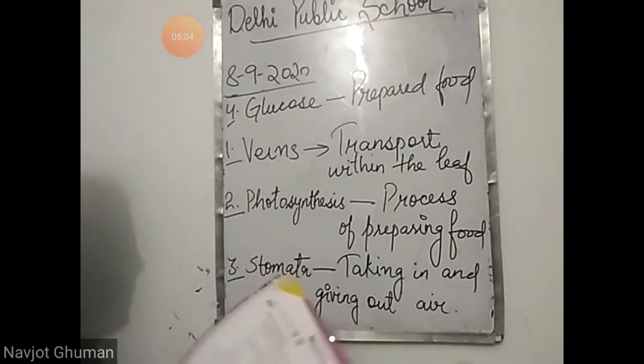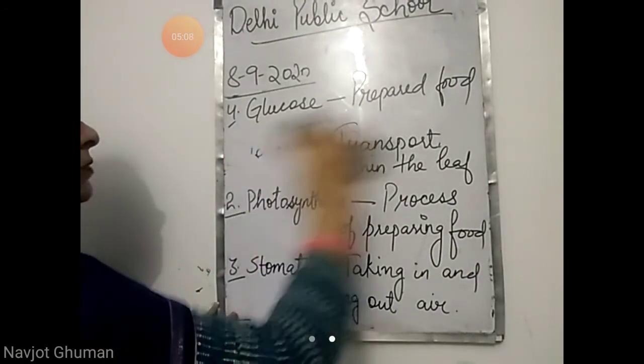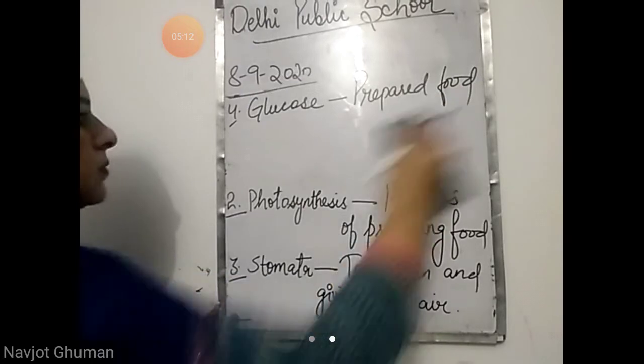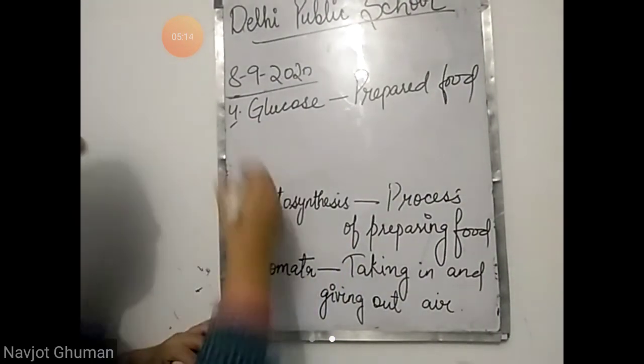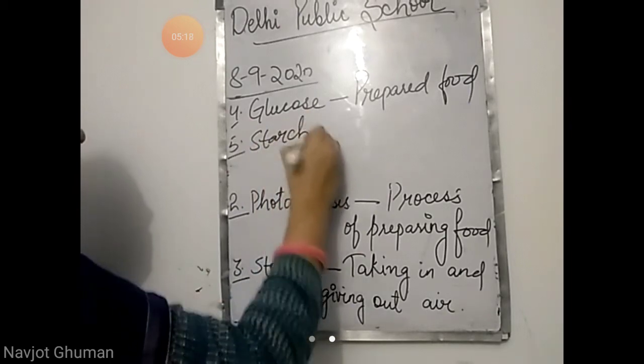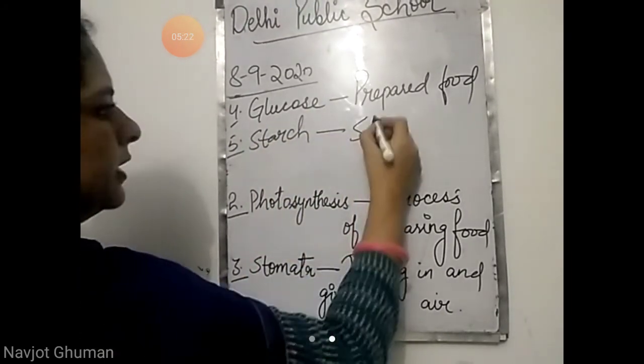Next, fifth is starch. This is the stored food. Food is stored in the form of starch. That is a stored food.